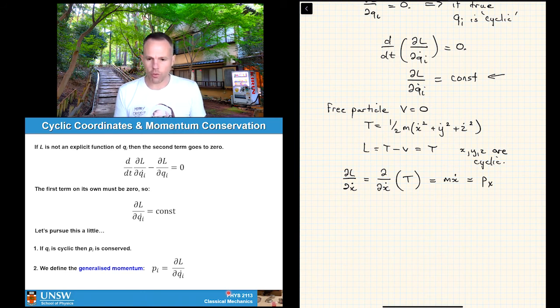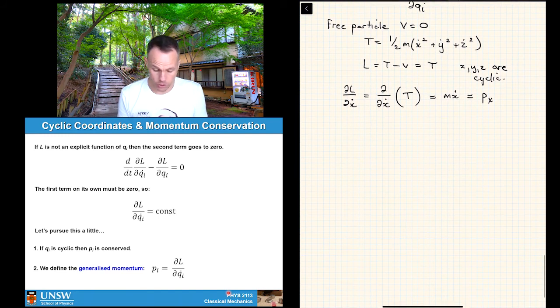And if we solve all three equations in here, because there would be three Lagrange's equations, I've only just done the one in x, what we would get is mẋ equals a constant, and of course it's px. mẏ is equal to a constant too, and it's just py.